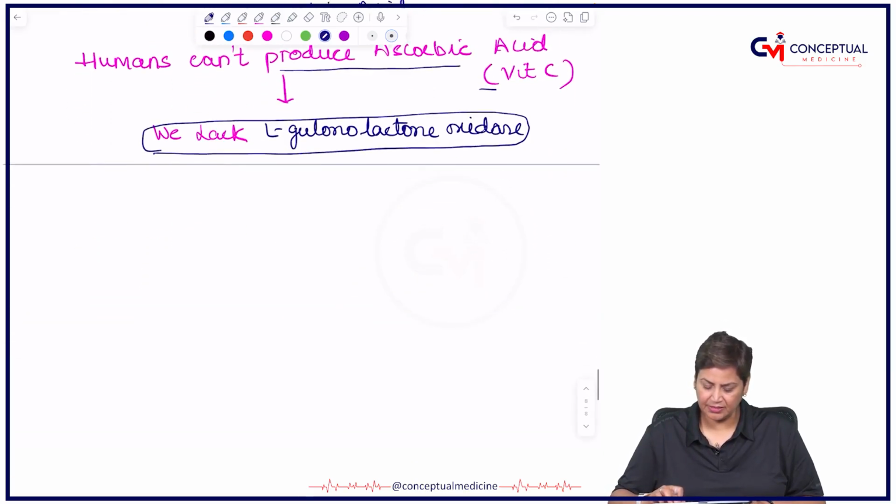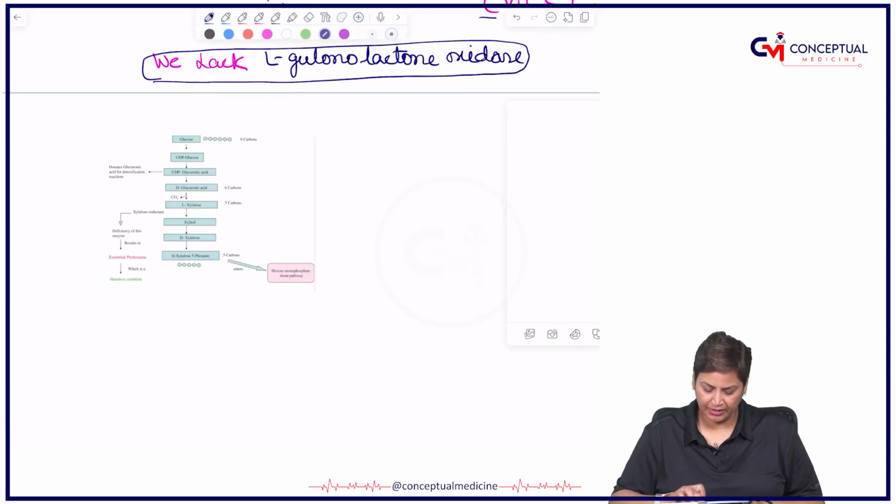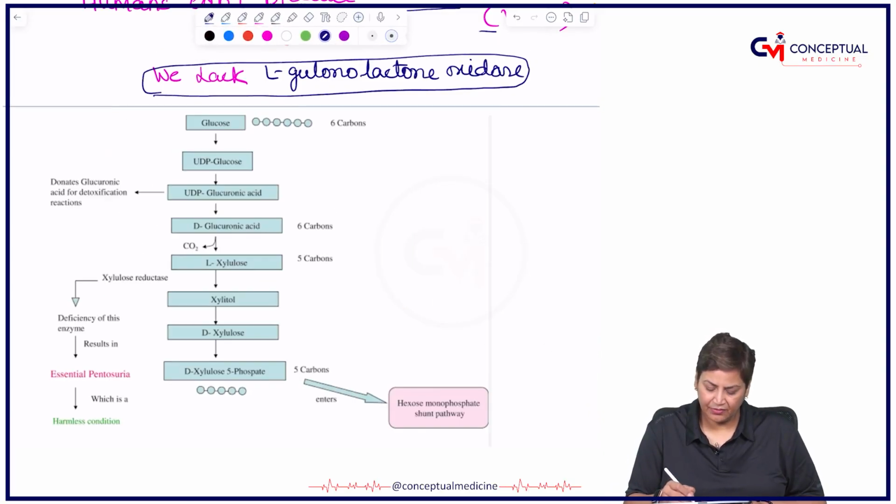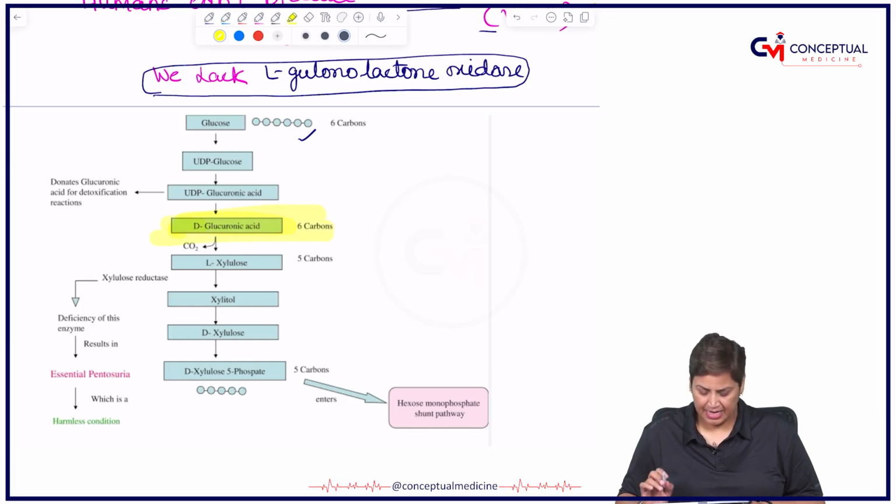What happens here is, this is a very interesting pathway, you can see that. Simply we start with glucose, and here you can see that glucuronic acid is produced, right? Once glucuronic acid is produced, it is required again for heme degradation, conjugation reactions, and it is used further. And you can see that glucuronic acid is then converted into xylulose 5-phosphate, and this xylulose 5-phosphate can enter the HMP shunt.